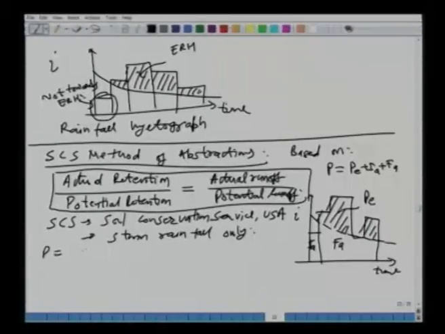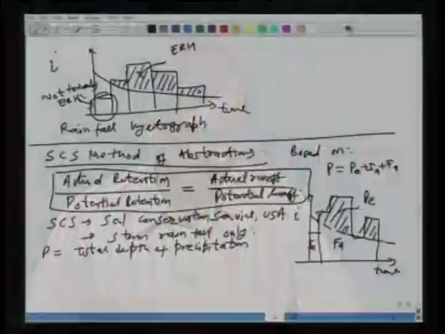First, P is the total depth of precipitation or rainfall during a storm event. Remember, in the SCS method we are talking about a storm event. During the whole storm, it may be 3 hours, it may be 10 hours, it may be 24 hours.